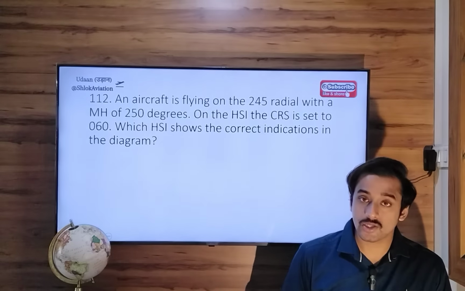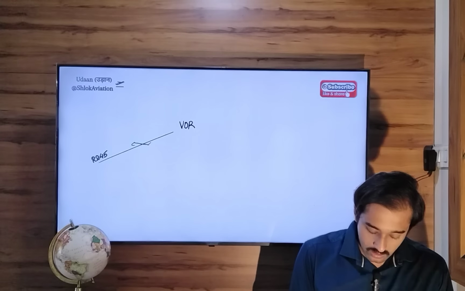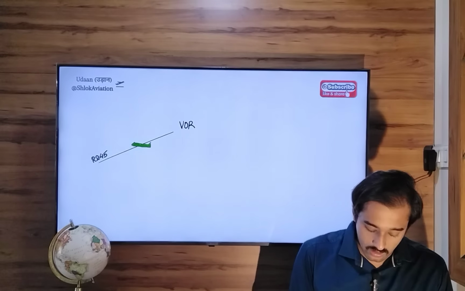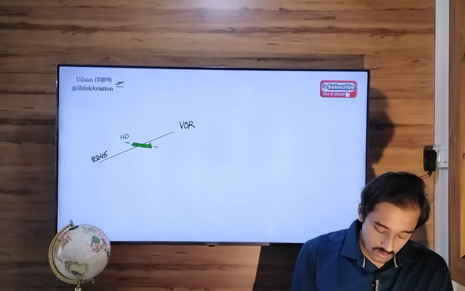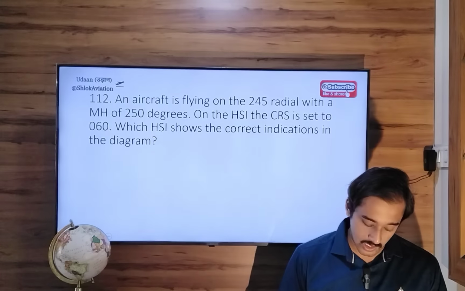Heading of aircraft is 250. Next, on the HSI, the course you have set is 060.